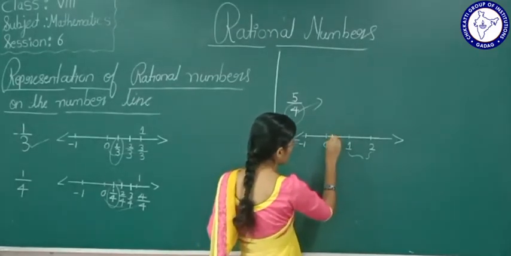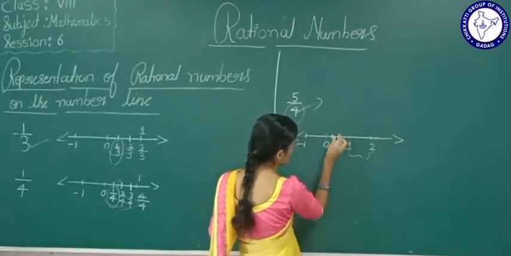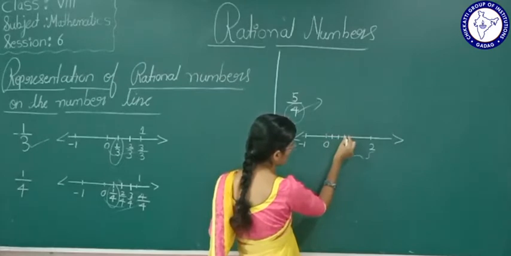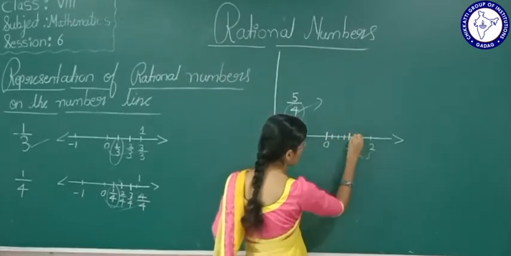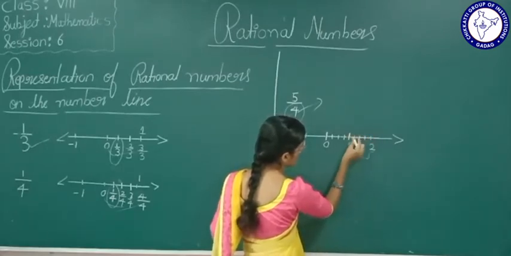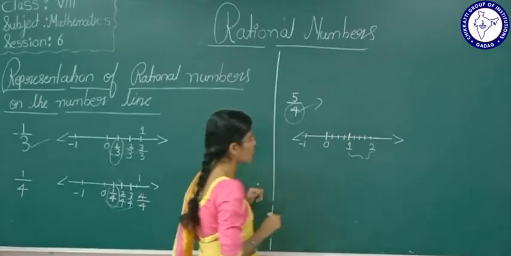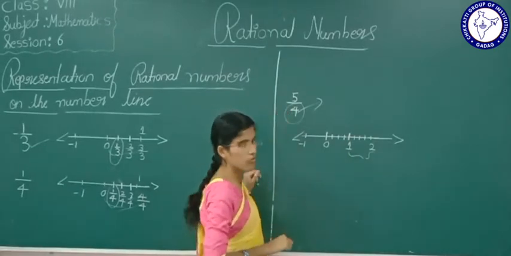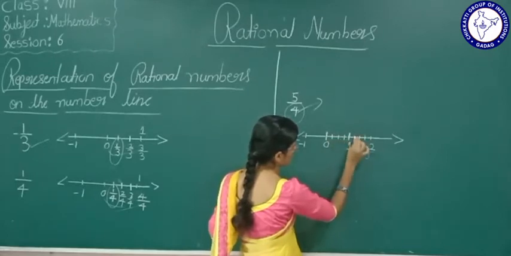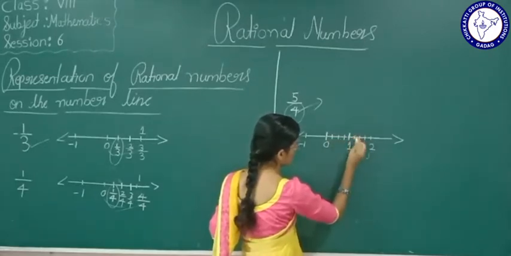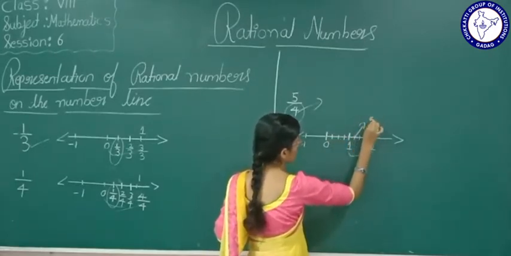Here 1, 2, 3, 4. Again divide here into 4 equal parts. 1, 2, 3, 4. Now what do we have to take? 5 out of 4. Now see here, this is 1, 2, 3, 4, 5. This is nothing but 5 by 4.